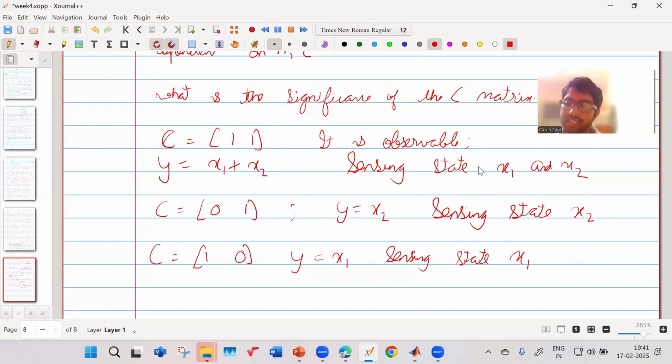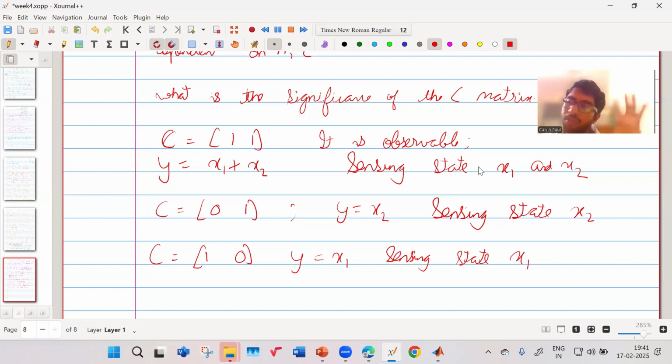But if you consider just a simple basic person, the lesser number of sensors you have, your cost will reduce. And when your cost is reducing, it is very important in terms of a product. But you should be able to estimate what are the other states, and you should know whether one state is going unbounded, whether it is creating an issue, etc. So that is what we can understand as the significance of the C matrix.